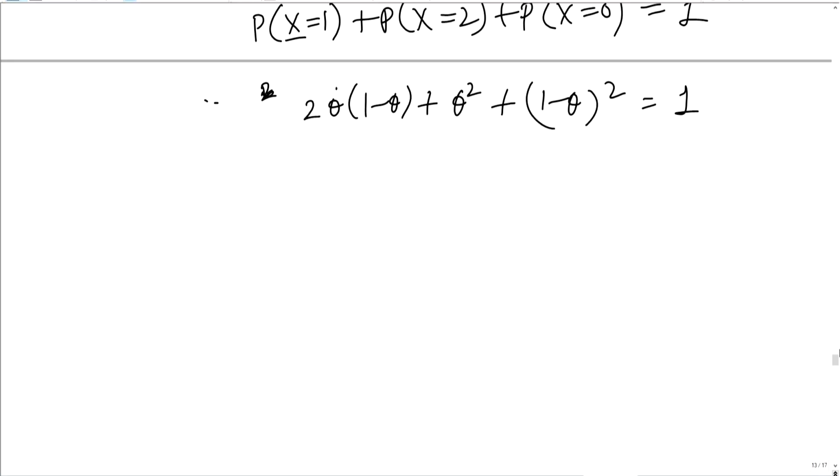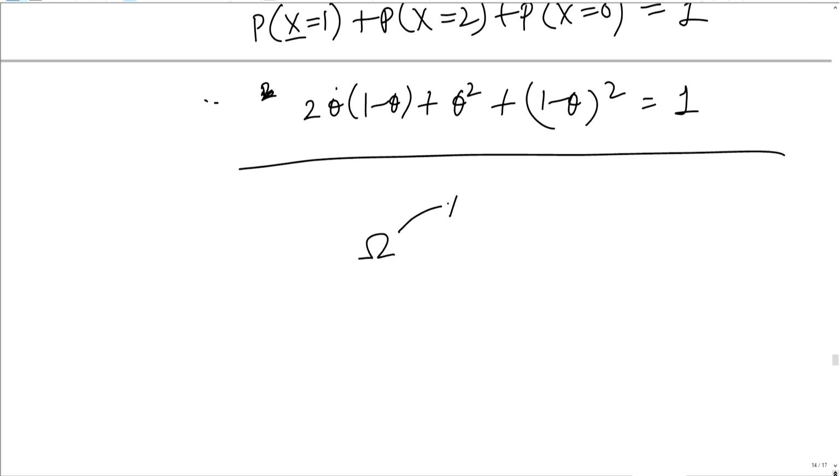Consider any experiment. The experiment has a sample space omega. For every experiment, you need to define a random variable depending on whatever you want to do with that experiment. So you will define a random variable x which transforms omega to omega x.